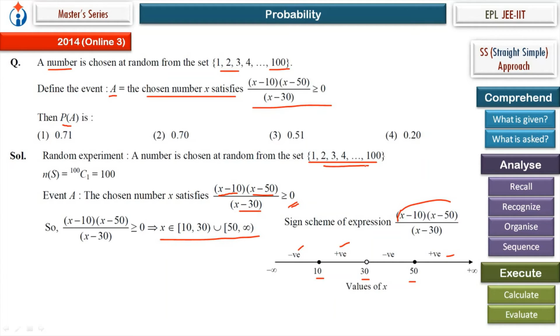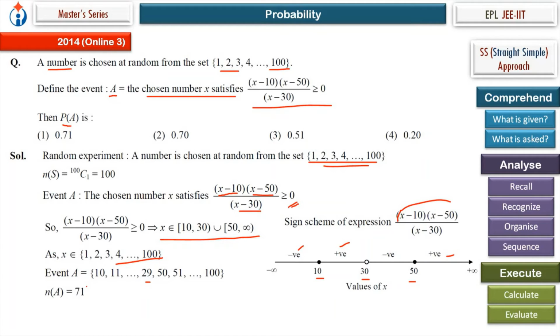So numbers are from these. So how many numbers are possible? Out of these, set A contains numbers greater than or equal to 10 and less than 30. So 10, 11, 12 up to 29. And from here 50, 51 up to 100. That's the intersection with our set. So event A occurs if any of these numbers occur.